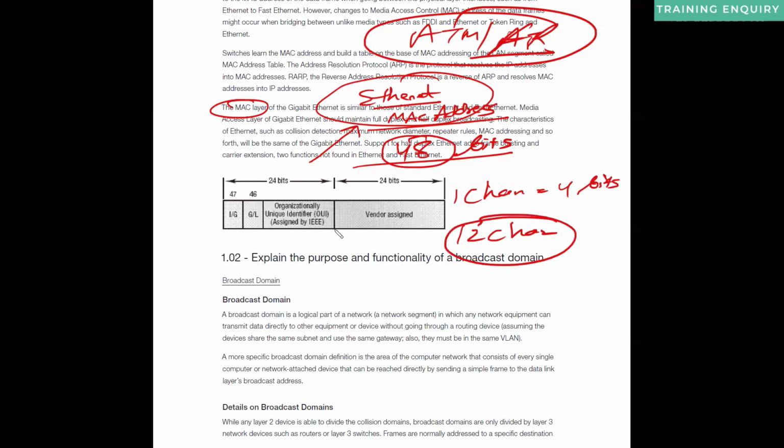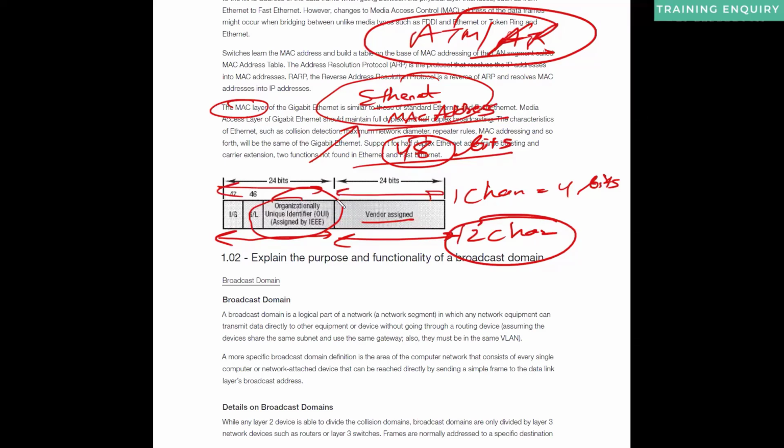Out of the 12, the first 6 characters define your OUI, the organizationally unique identifier, and the next 6 characters define the vendor assigned part. So this is how the MAC address is divided into 2 parts.